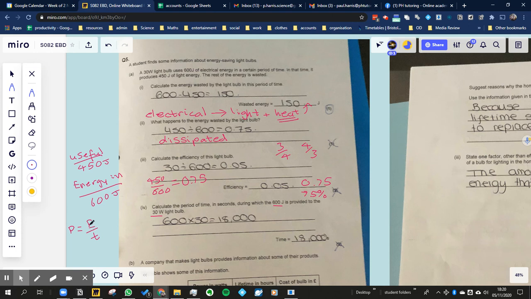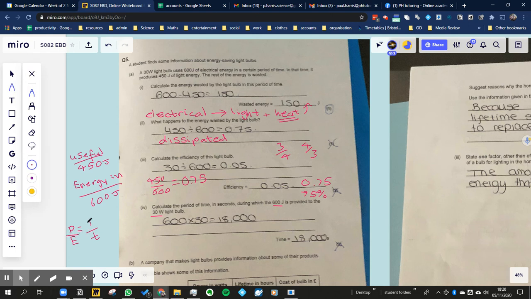So I'm going to divide by E first on both sides. If I divide by E, then this E here would go underneath that. So then you'd end up with just 1 over T is equal to P over E.